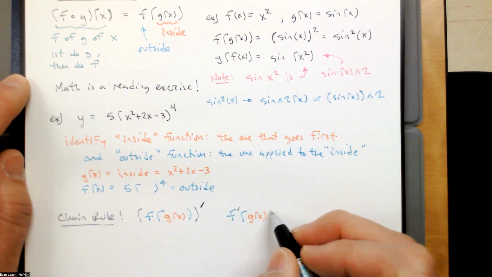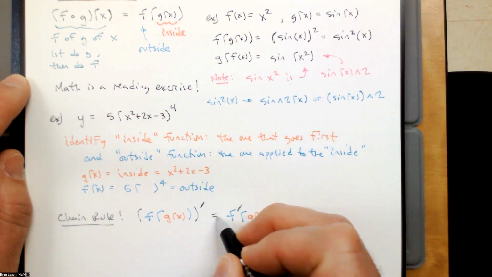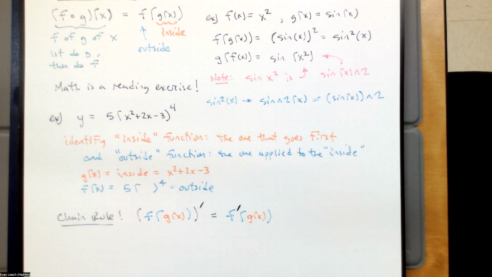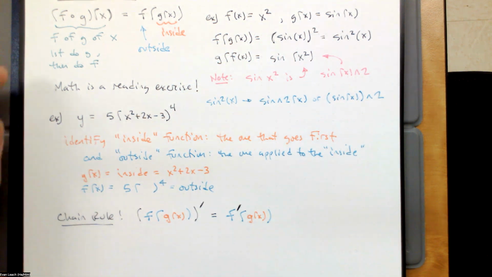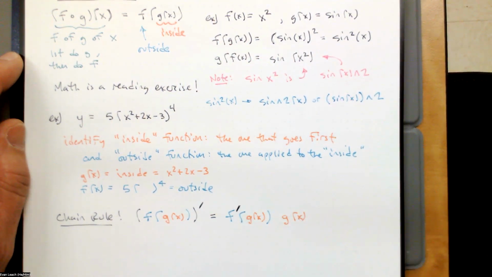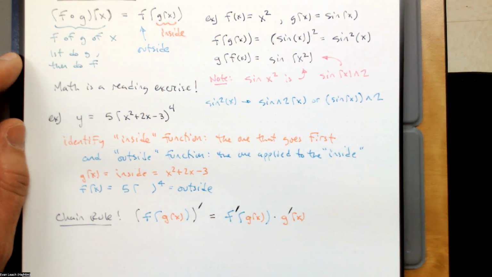The derivative of the outside, leaving the inside alone. The derivative of f with respect to g. Then multiply by the derivative of g with respect to x. We're just multiplying.